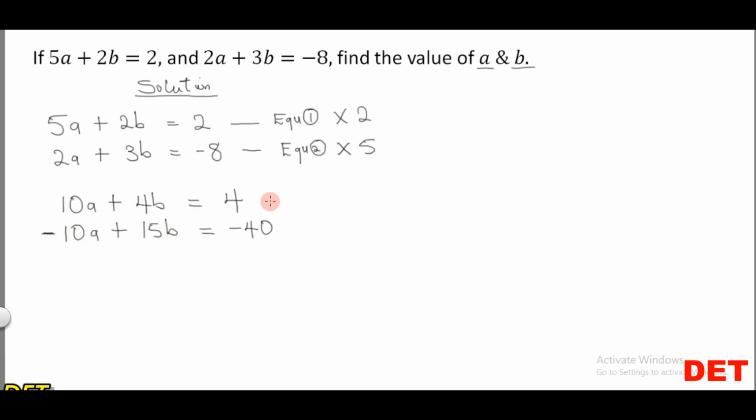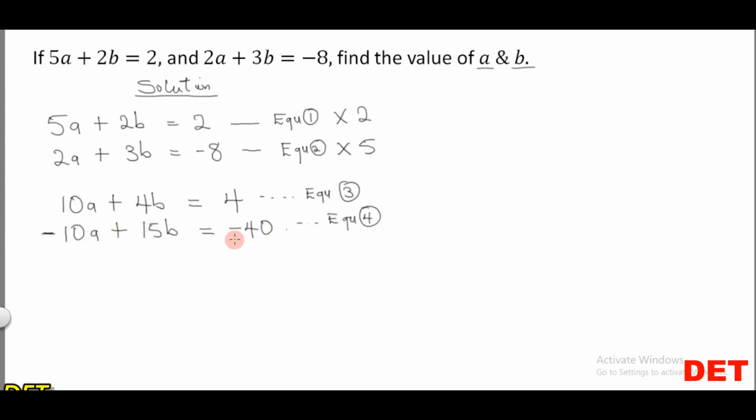I will name these equations 3 and 4, and subtract equation 4 from equation 3.